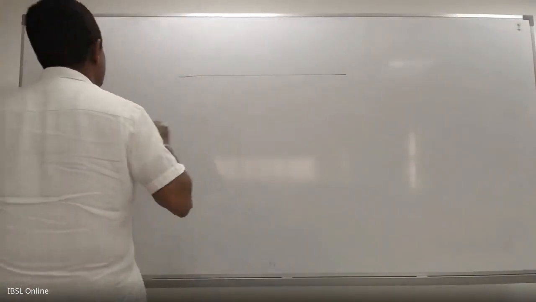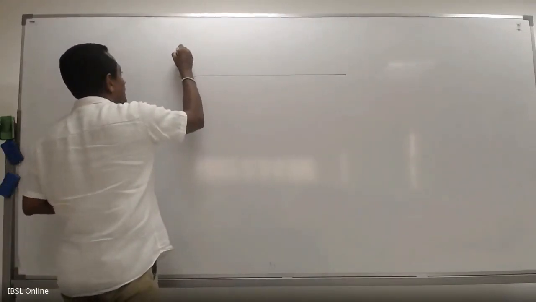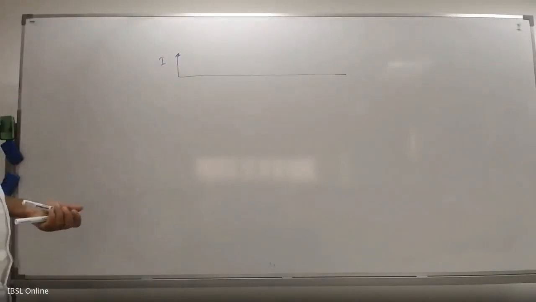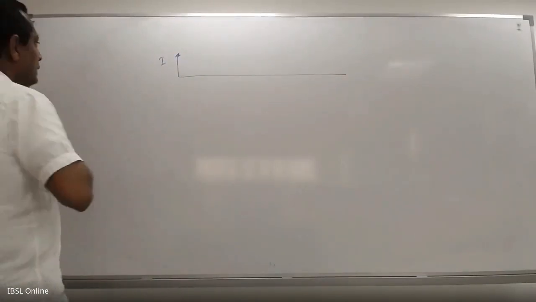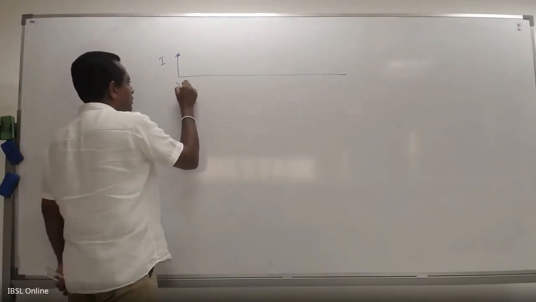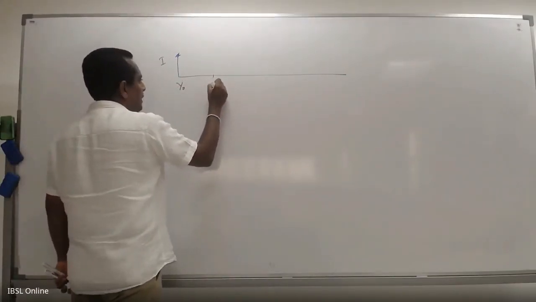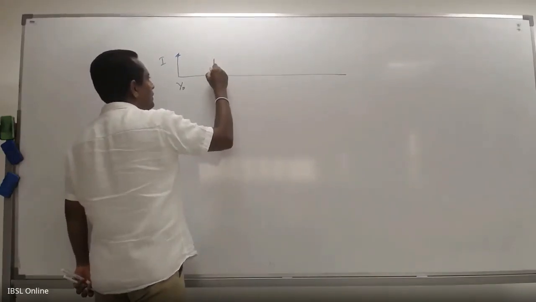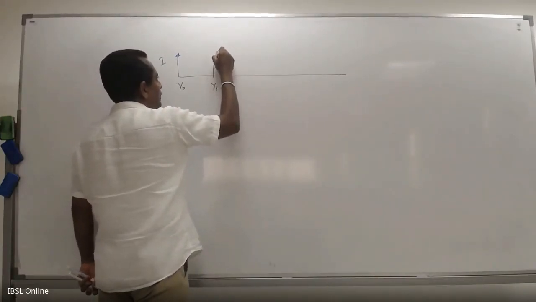You have the initial investment here, which is called I, at Y0. Then at Y1 you have, we say, return 1.